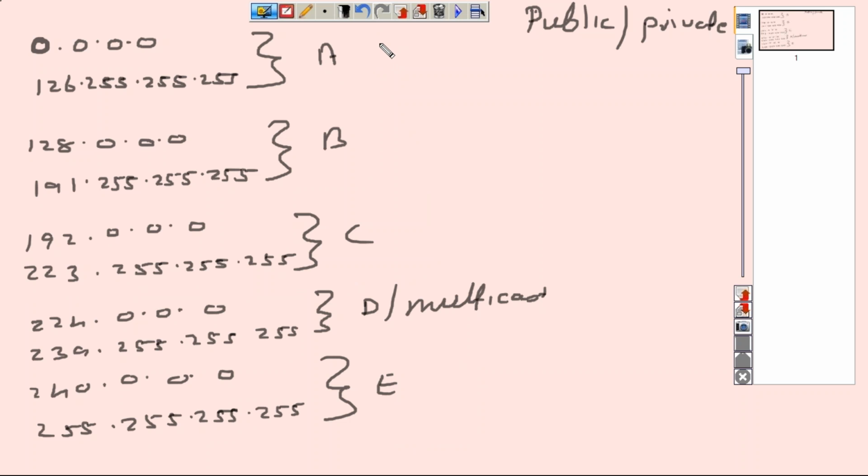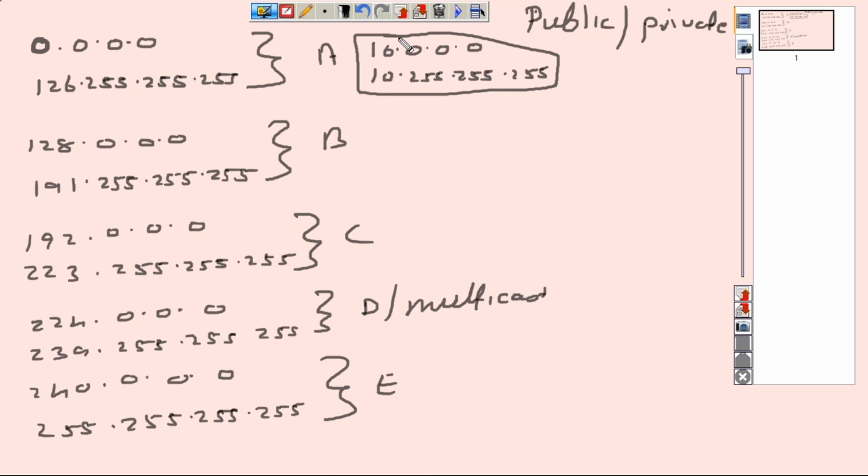Now, each of these ranges has a reserved range which is considered to be private. In class A, we're talking about 10.0.0.0 to 10.255.255.255. This range is considered to be the class A private range.